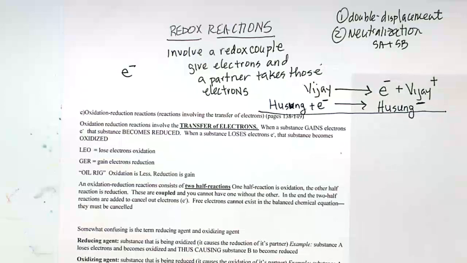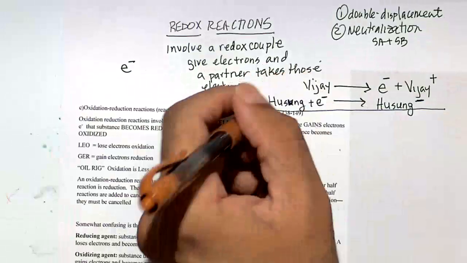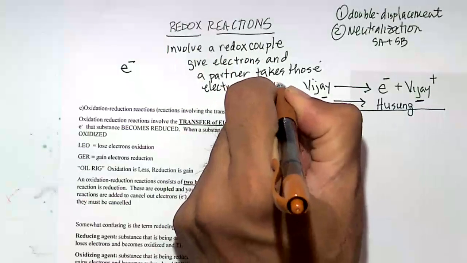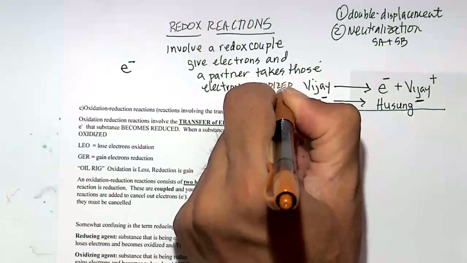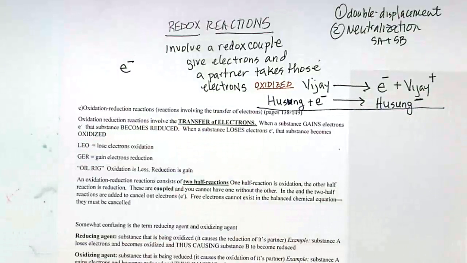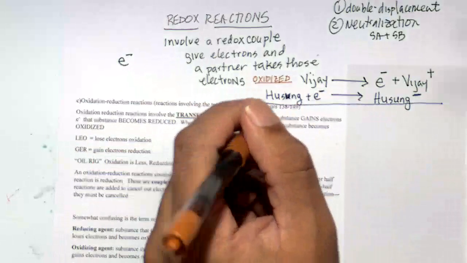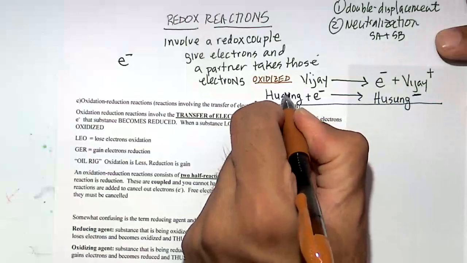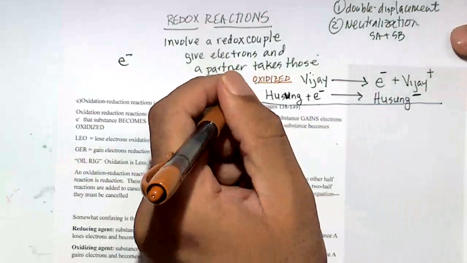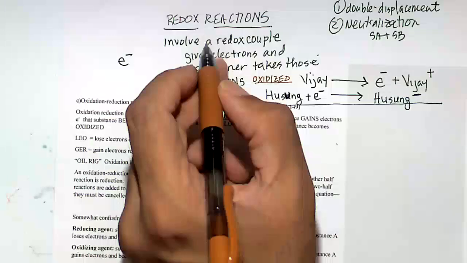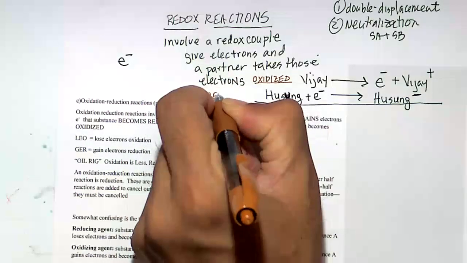So I give my electron away, and if I give my electron away, I become oxidized. I lost 1 electron. Husong takes that electron, he receives it, he gains it, he becomes reduced.